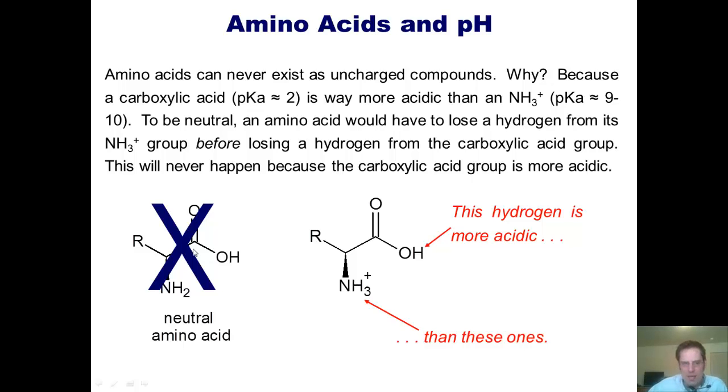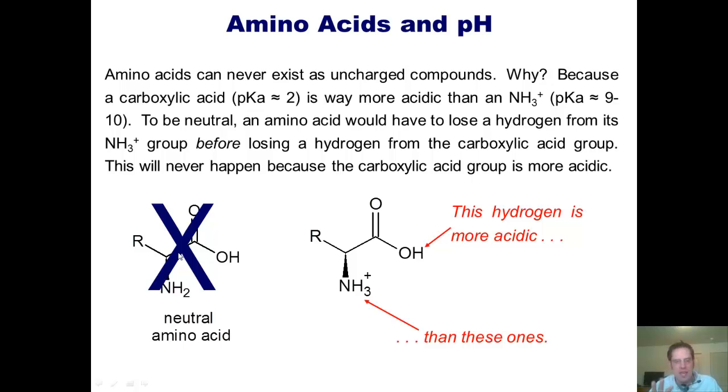So if you wanted to have an amino acid exist in its neutral form that I've X'd out over here to the left, one of these hydrogens would have to be removed before this hydrogen was removed. And that's never ever going to happen, because these hydrogens over here on the nitrogen are way, way less acidic than the hydrogen over here. Hence, once again, amino acids will never exist in this neutral state.